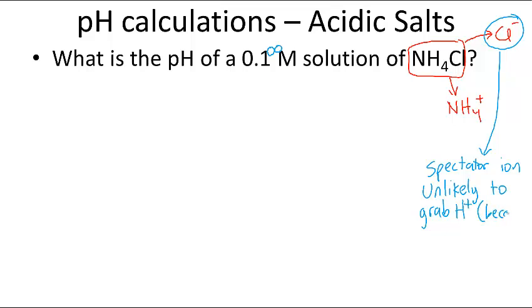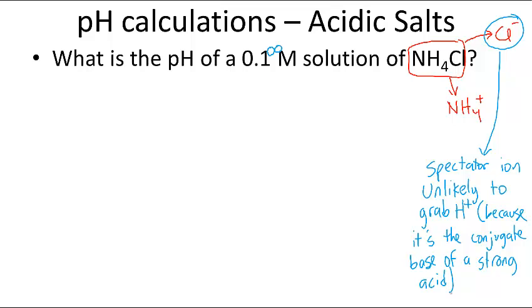And we know that because it's the conjugate base of a strong acid. The conjugate base of a strong acid is essentially a non-base. It is non-basic. Because remember, when we say strong acid, we mean super strong acid.